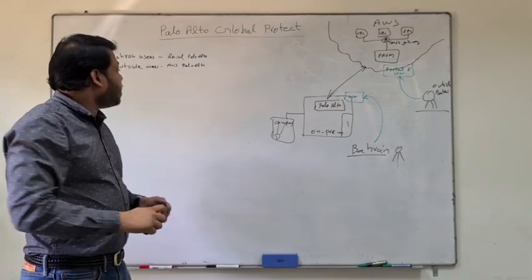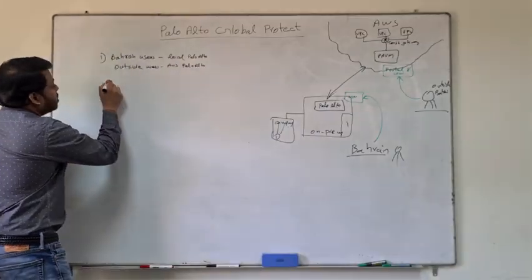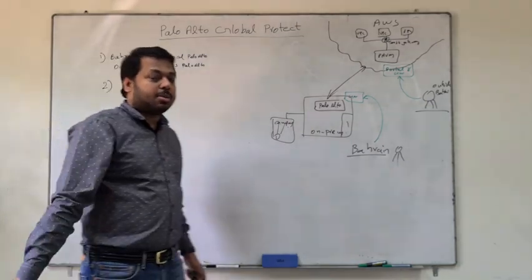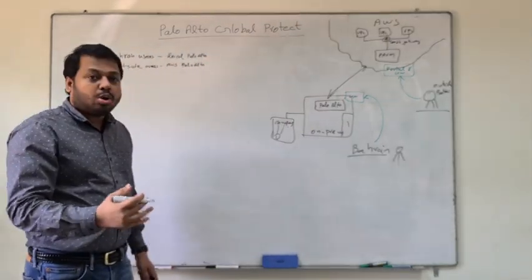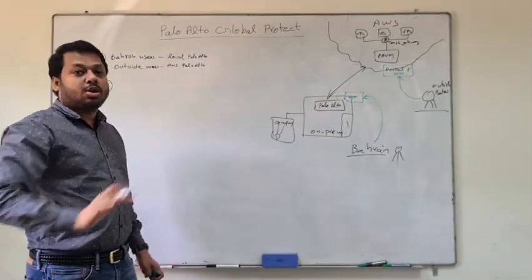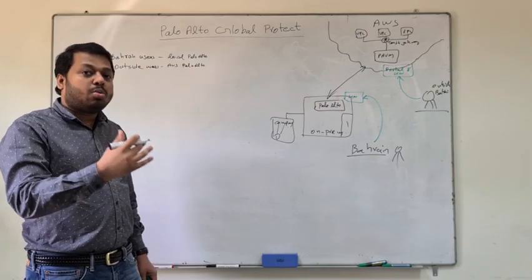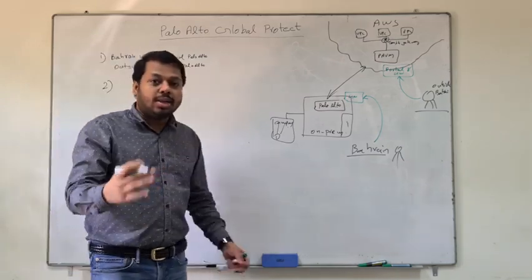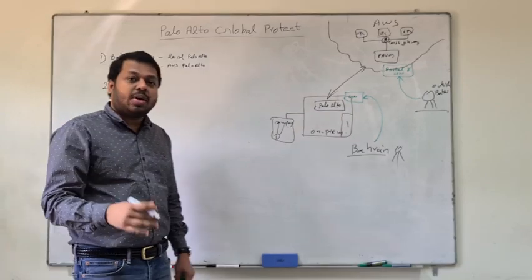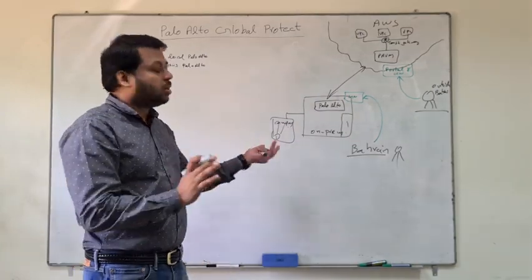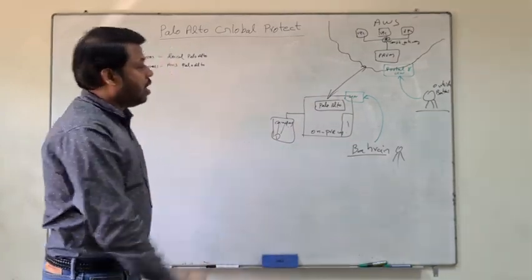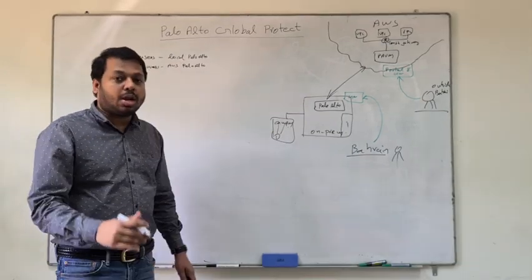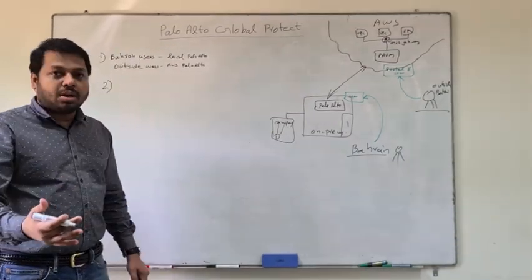The second requirement: since this is a banking customer, they want full visibility of the customer traffic, and they don't want customers to use anything from the local network. Whenever they connect to the network, it should connect to GlobalProtect. So that means enforcement and visibility.